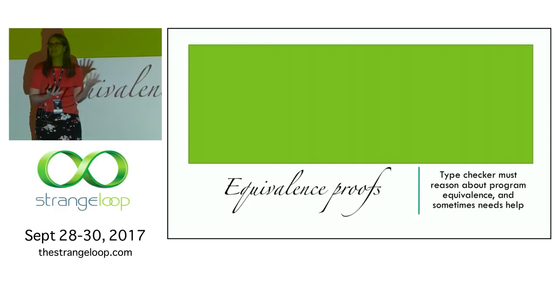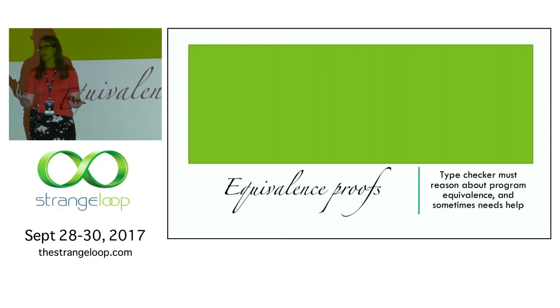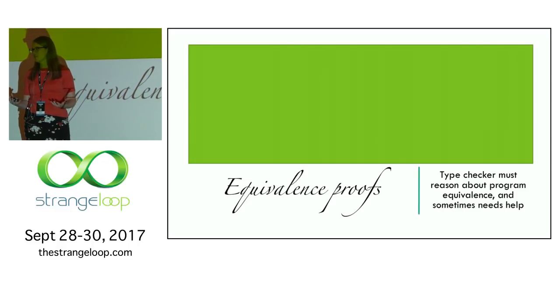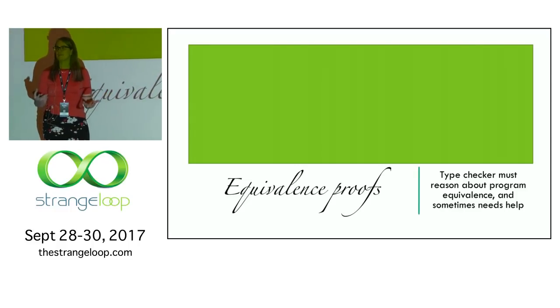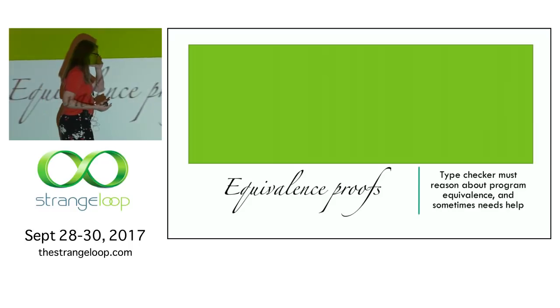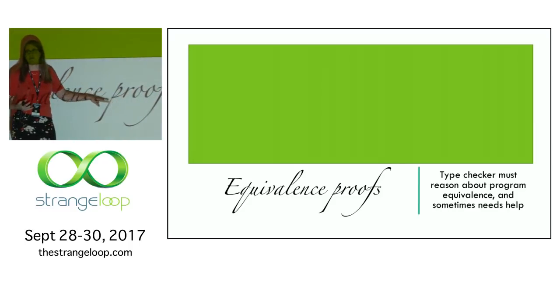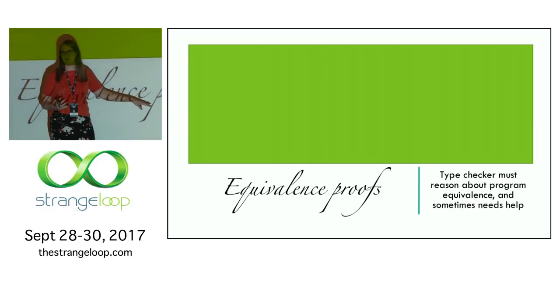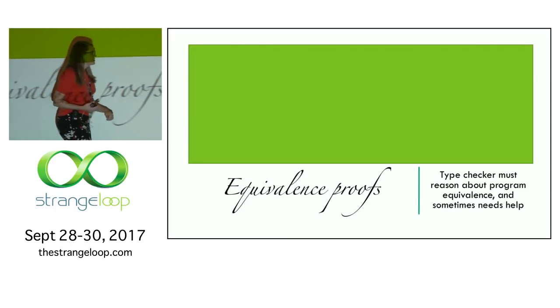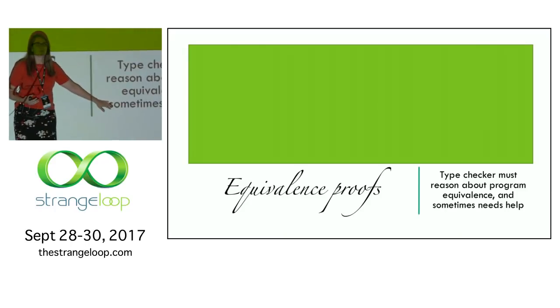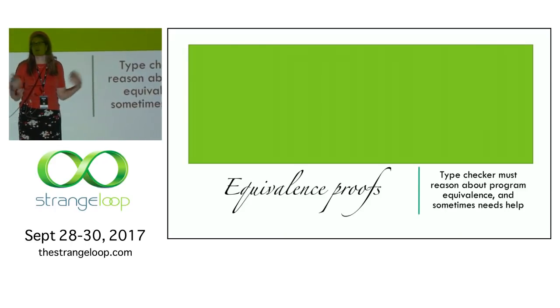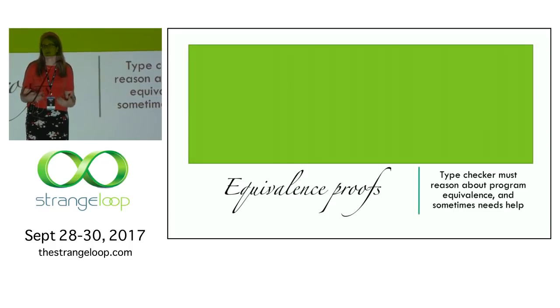Well, it needs to ask, is this computation equal to that computation? That's a hard question for a type checker to answer. It can get pretty good at it. Type checkers are pretty good about reasoning about equivalence, but they're not perfect. They can't be perfect. So sometimes the programmer needs to step in and help the type checker reason about that equivalence.